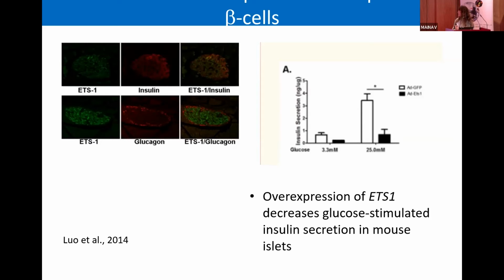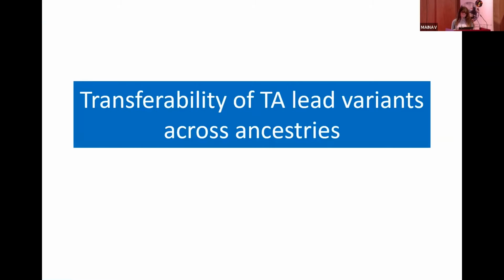We tried to look for rarer variants in the African American ancestry that might explain the association, but we're limited by variants that were in the 1000 Genomes, so we couldn't find anything, but that's still a possibility.